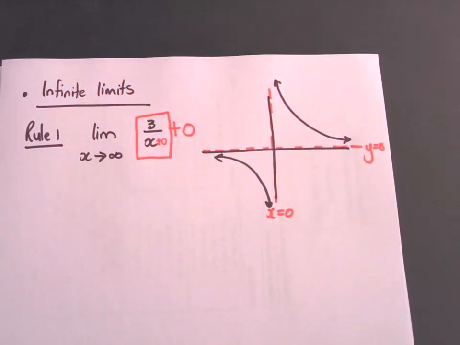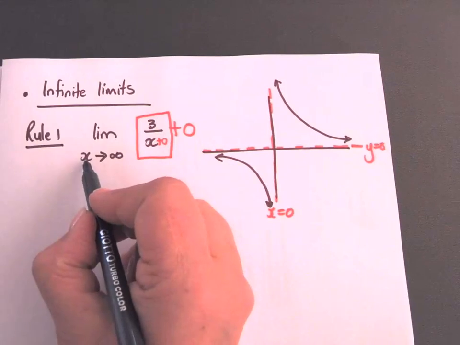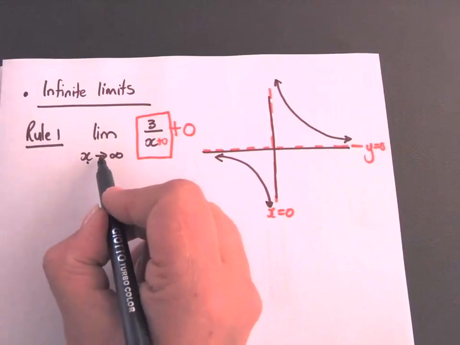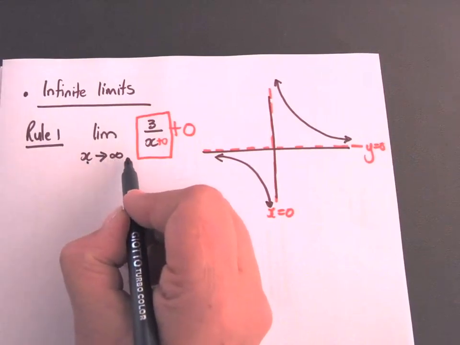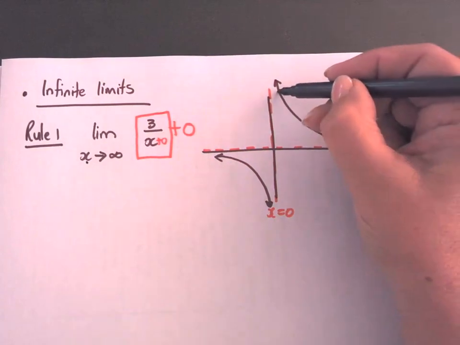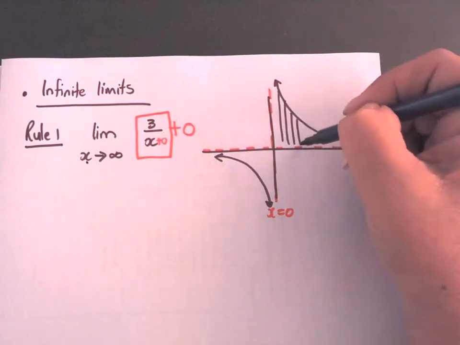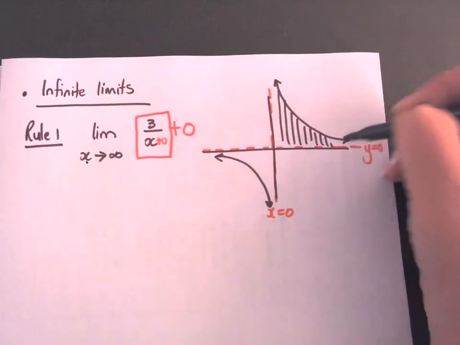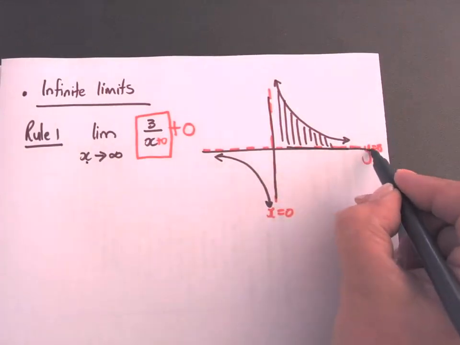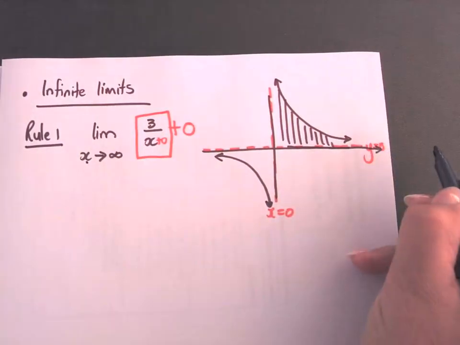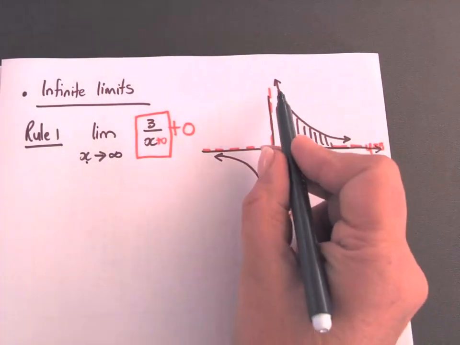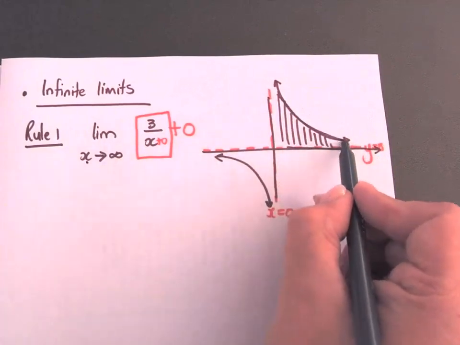What this sum means, if x goes on into infinity, so at the beginning x is big or small, and then x goes on and on into infinity, what will happen to the y value?